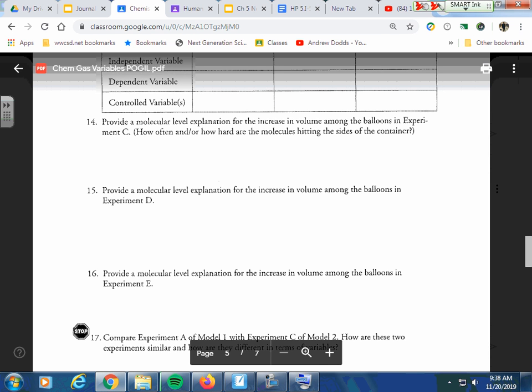Oh. Josh? So if we add more particles, it's safe to assume there's going to be more collisions, right? And if we get more collisions, makes sense that we're going to have more pressure inside, right?